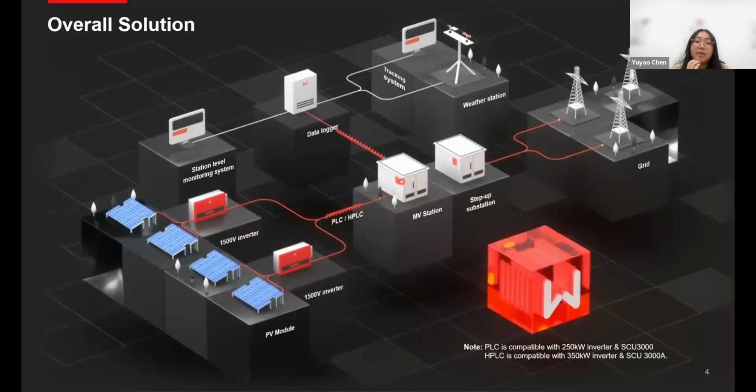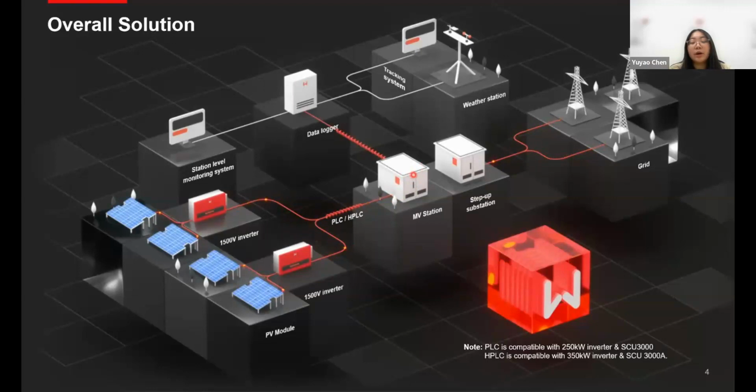For example, in the system, the AC output of the inverter is 800 volts AC, and then it goes to the transformer. The transformer makes the AC power up to like 35 kV.